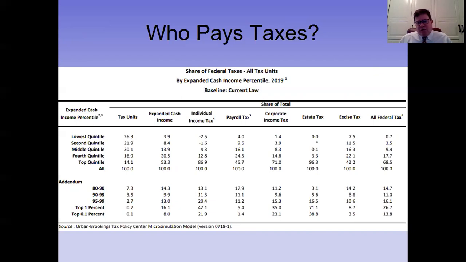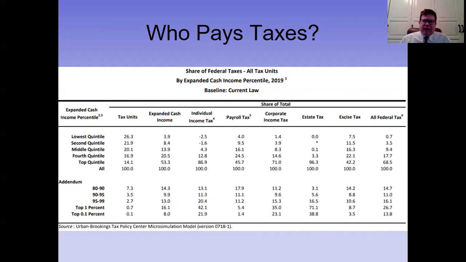Now, what is a more regressive side of the tax system is the payroll tax, which has to do with Social Security and Medicare. As we've seen before, that comes out of everybody's paycheck at an equal rate, so there's not a graduated or progressive scale there.